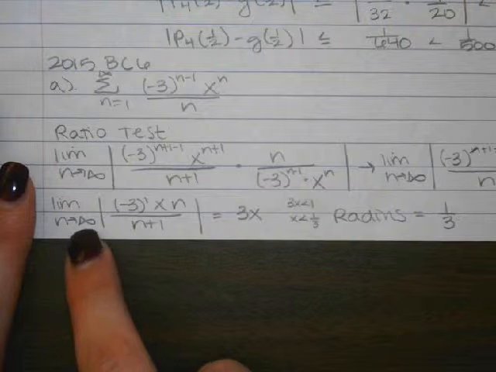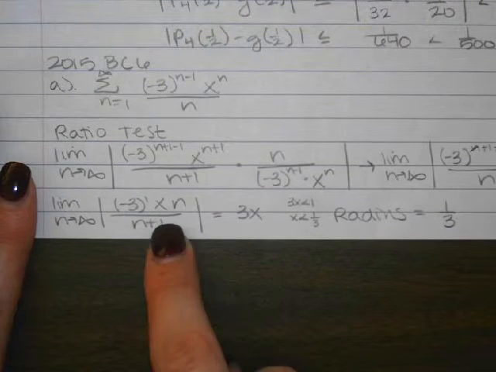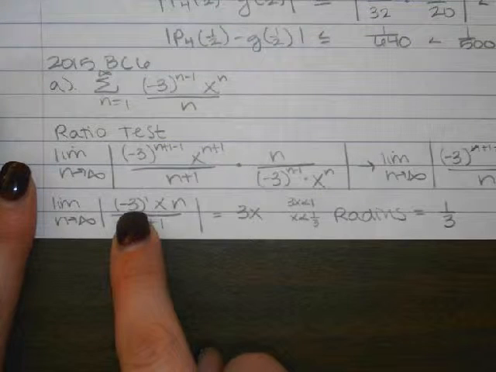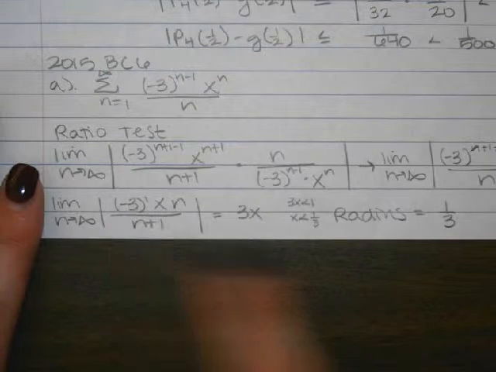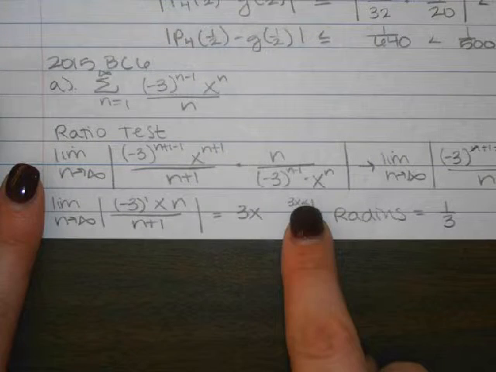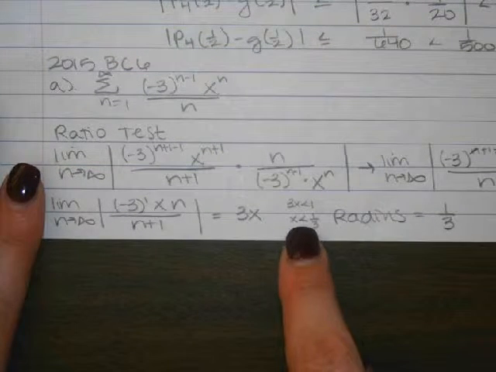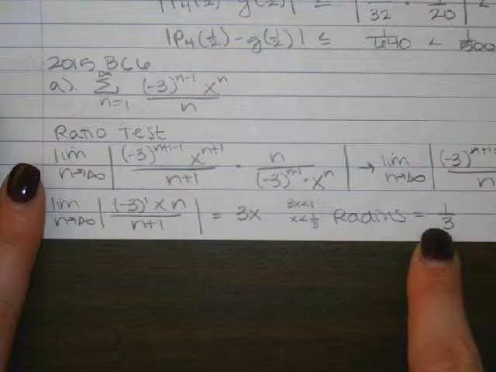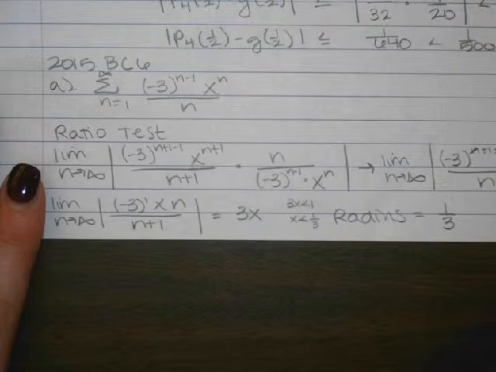The limit as n goes to infinity, the n's are the same size, and so my result would be just 3x, and that's positive 3 because of the absolute value sign. So I know that this is going to converge if it's less than 1. So 3x is less than 1, which means x is less than 1/3. Maybe it equals 1/3, maybe not. But all they wanted was the radius of convergence, and so that's just 1/3.